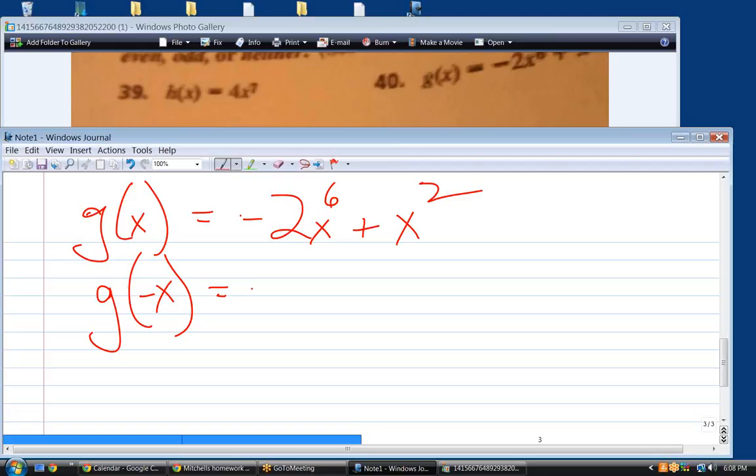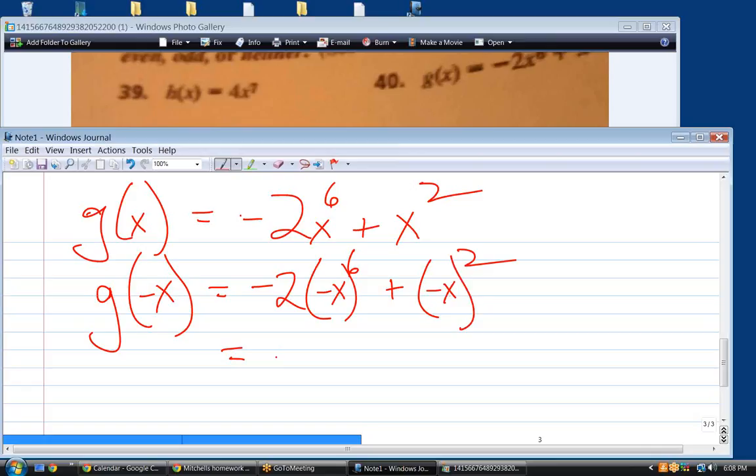So it would be negative 2 parenthesis x, no, negative x. Negative x, not x, negative x. Yeah. Plus parenthesis negative x squared. All right, we'll simplify that.